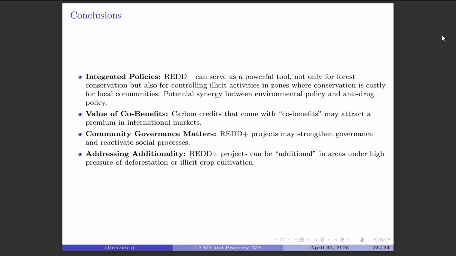We want to highlight the value of co-benefits. Carbon credits that come with co-benefits may attract a premium in international markets, and this is very important because for the communities, conservation is costly.